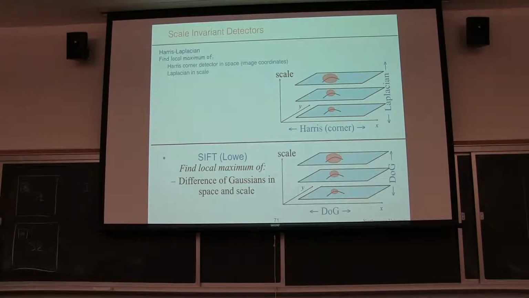But what he did was, instead of doing the Laplacian, use the difference of Gaussians. That's for scaling. But he also used the difference of Gaussians at each level. So he's finding edges at each scale, and the different scales are obtained by doing DoG.